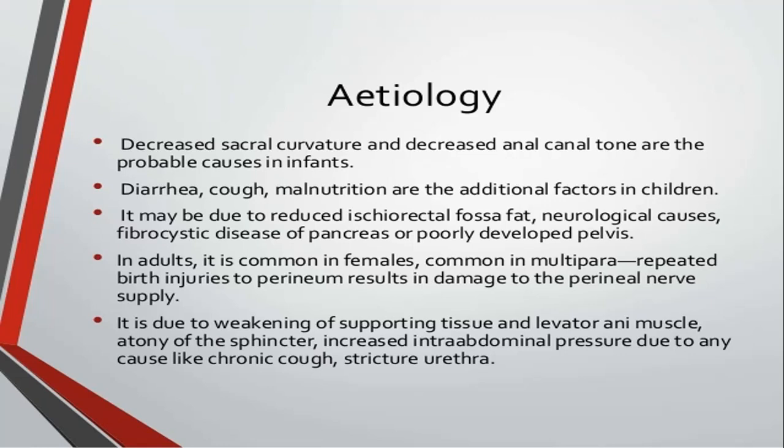A question may come to you: why is it common in females? You can answer that the female can become multipara and have repeated birth injuries to the perineum, so that's why it is most common in females. And what happens next after a birth injury to the perineum?